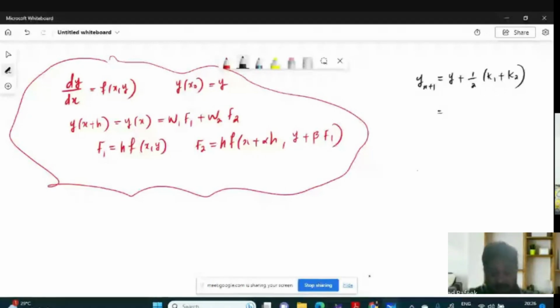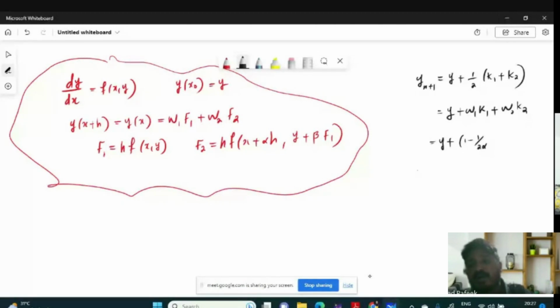In the second order Runge-Kutta method, y n plus 1 is equal to y plus 1 by 2 into k1 plus k2. More generally, you can write it as y plus w1 k1 plus w2 k2, or you can write it like this also: y plus (1 minus 1 by 2 alpha) k1 plus 1 by 2 alpha k2.